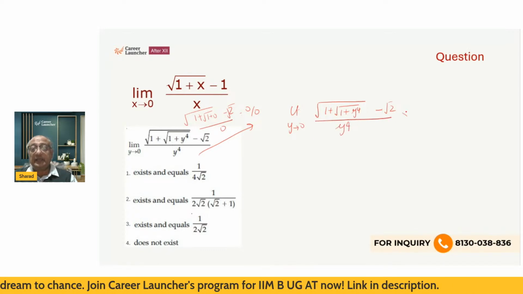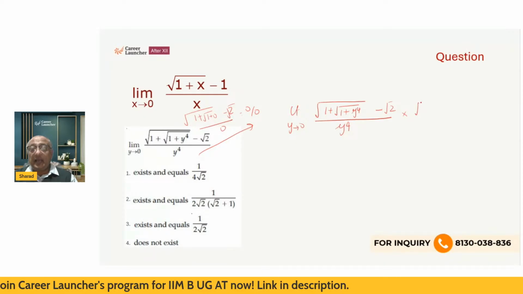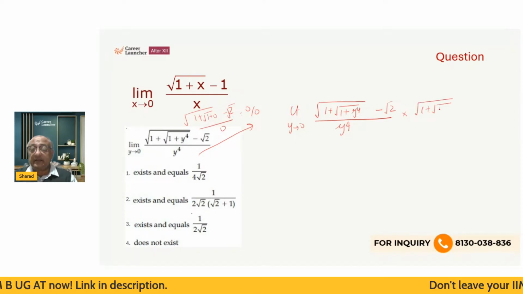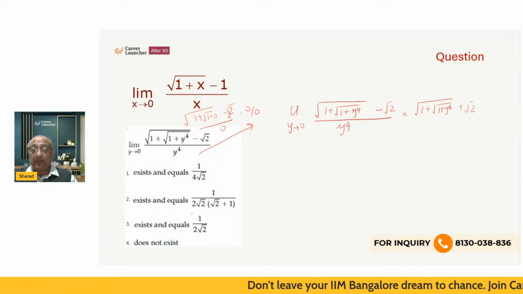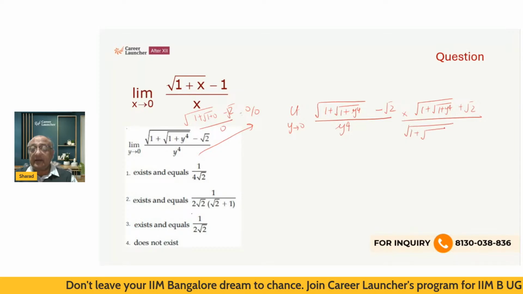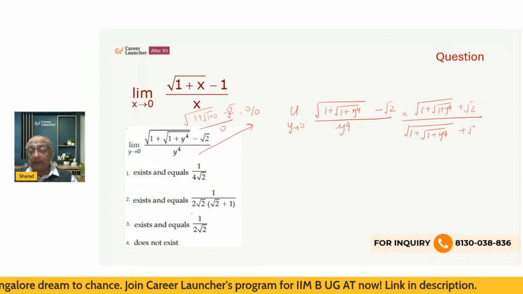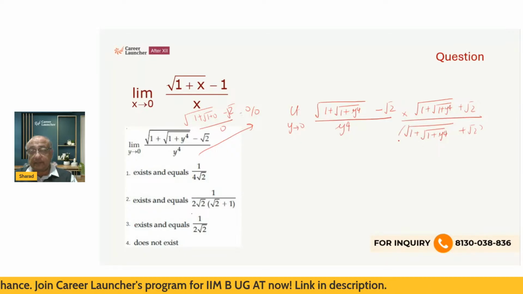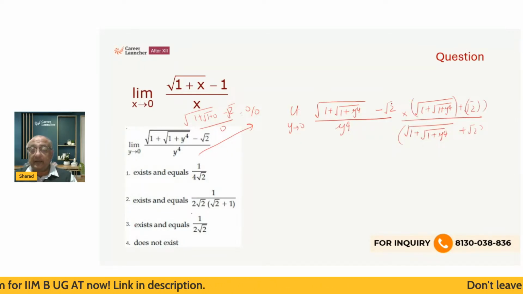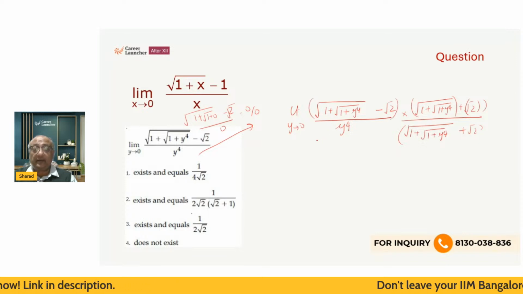Let us do the rationalization part. I will rewrite this with the rationalizing factor of the numerator, plus root 2, upon root 1 plus root 1 plus y raised to power 4 plus root 2. This is the rationalizing factor. This is like a minus root b, and here a plus root b.